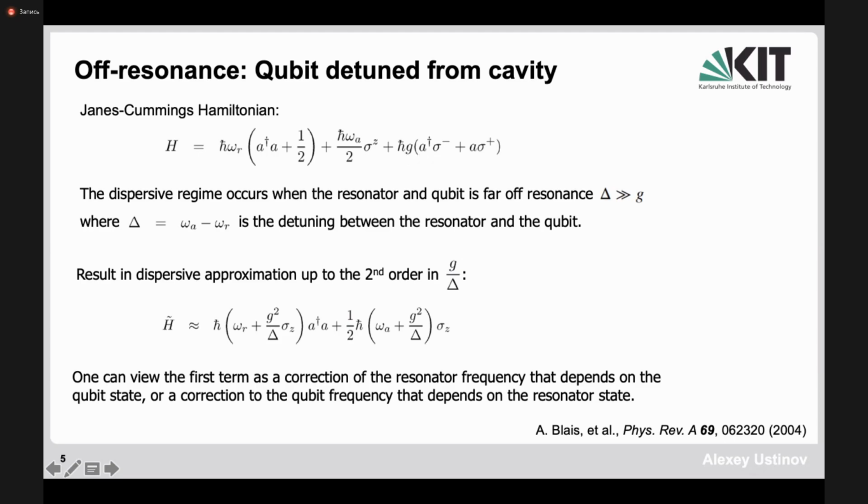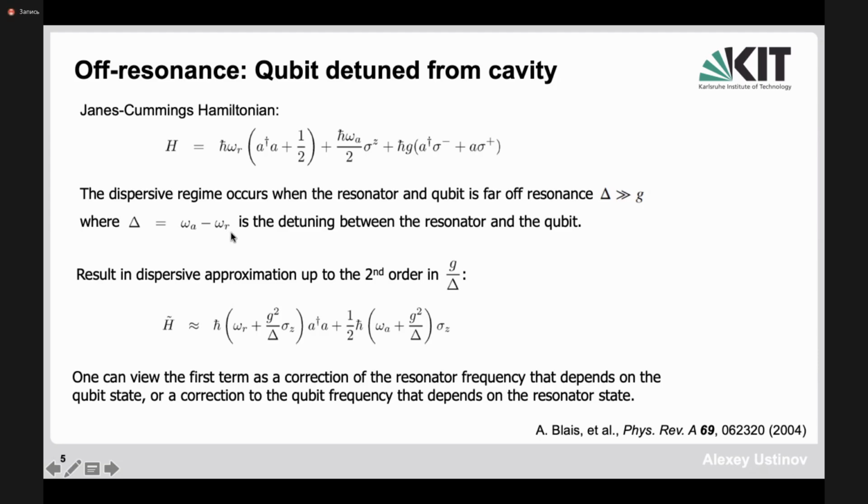And we assume here that the qubit is far away from the resonance, so that the qubit is detuned by a frequency which is much larger than the coupling. And this detuning, delta, is basically the frequency difference between the qubit and the resonator.